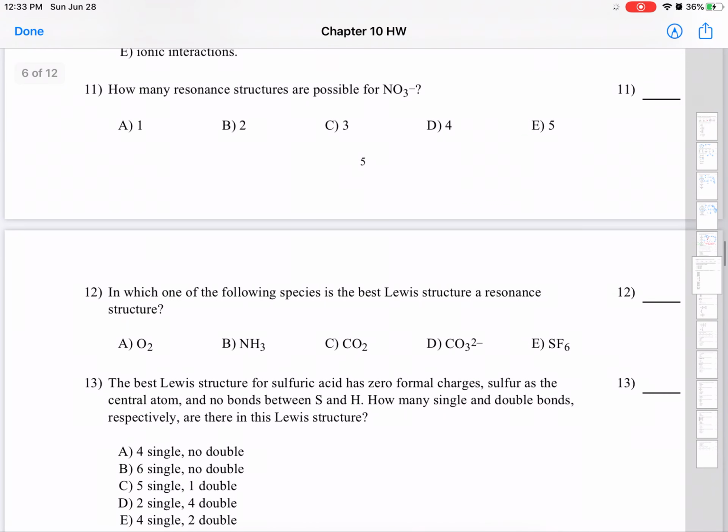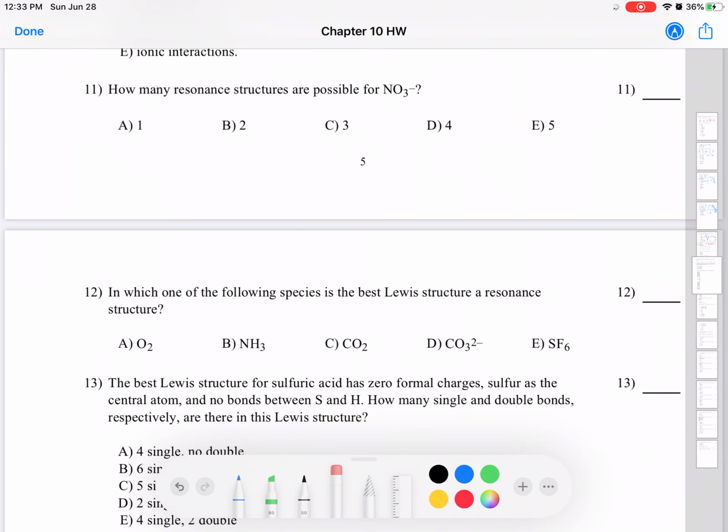And then for the nitrate molecule, how many resonance structures are possible for nitrate? So first we have to draw the Lewis structure for nitrate. When you draw the Lewis structure, it would be nitrogen in the center and then you have oxygen.